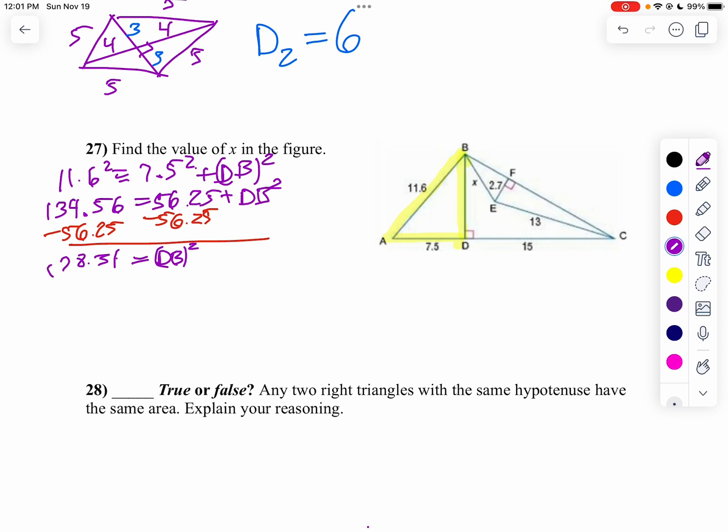So then I'll take the square root, and DB, I think I'm going to leave that as the square root of 78.31 for now. That way I have less rounding errors.